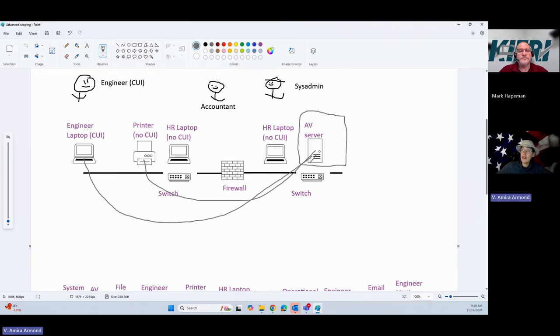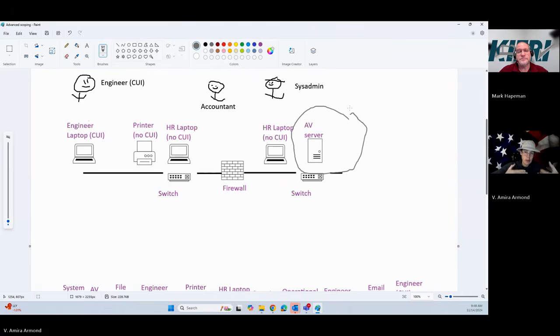So because the antivirus server has this level of access over here to everything, you could make the argument this thing could, but is not intended to process CUI. Okay, so that's a case where even though we've got a big boundary in between, you might break that boundary by having access through it. Okay. So that's also a security protection asset, right? Yeah, it would count. It would count as two assets: a security protection asset and a CRMA.